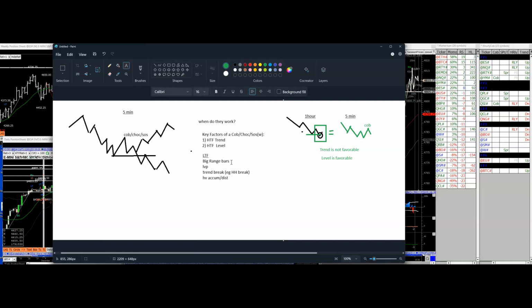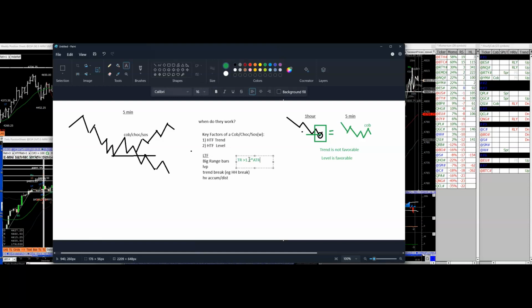If you have an indicator, I'll tell you what to look for. It must have multiple of these bars, where the bar trading range, which means the high to low, the range of the bars in the change of behavior, the bars that make it up, the green bars, should be greater than at least 1.2 times the ATR.